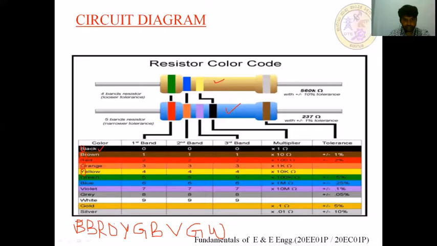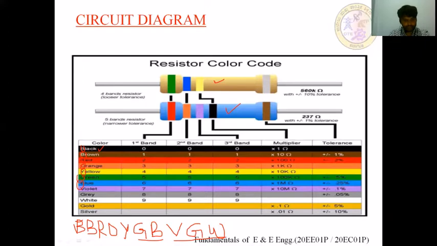Great Britain: G, B, V, G, W. Next, he has a very good wife.